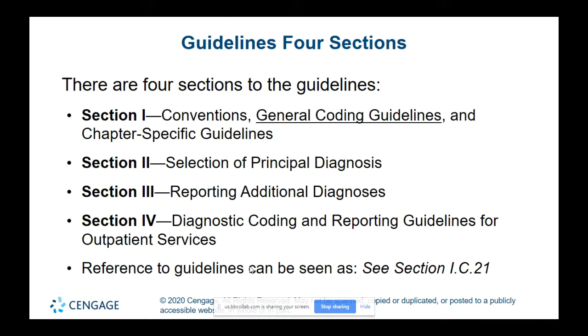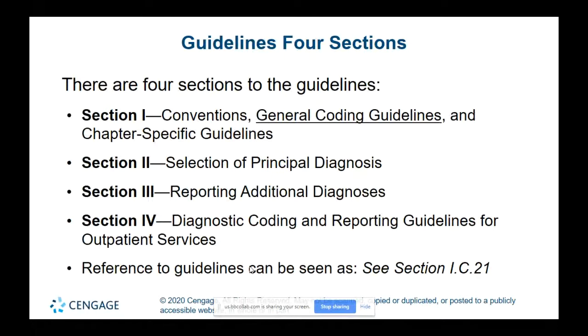Today we're going to talk a little more in depth about the different sections. In Section 1, we're really just going to talk about the general coding guidelines. We're not going to talk about the chapter specifics yet. We'll talk about the chapter specifics once we get into each chapter. The conventions we talked about with chapter 3 last week. So we're just going to do the general coding guidelines in section 1.